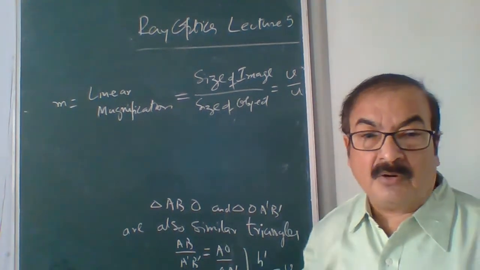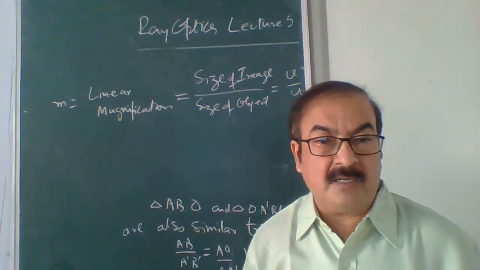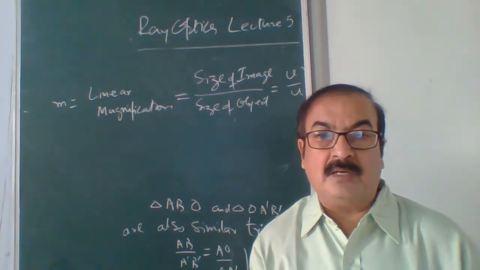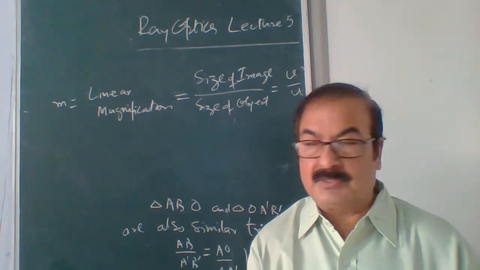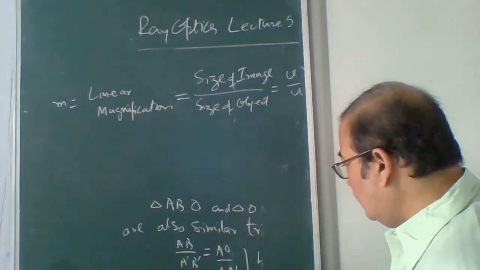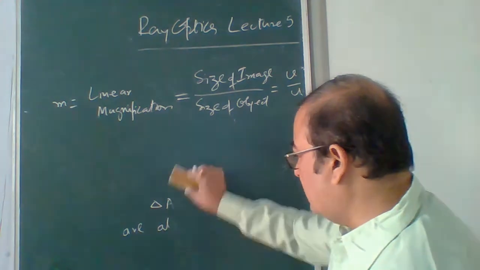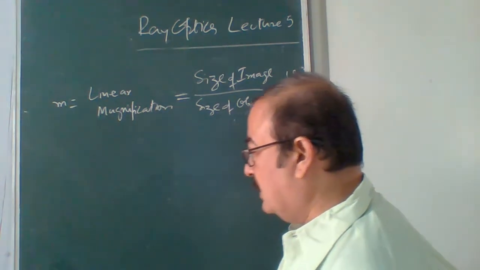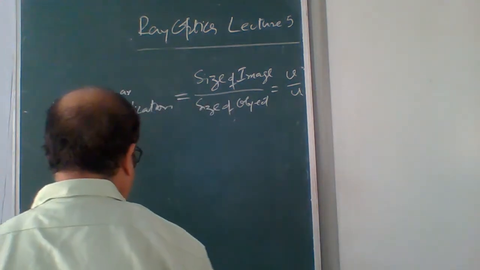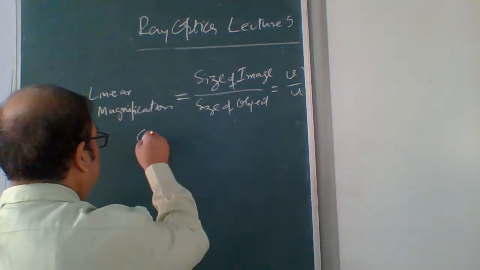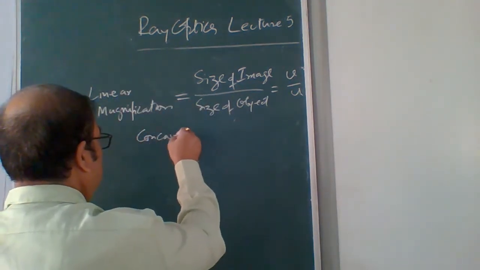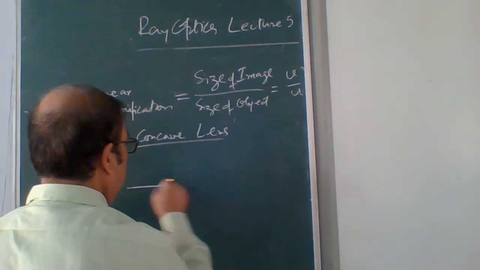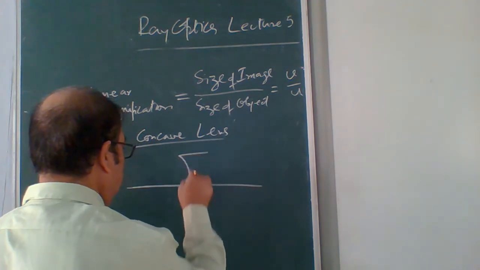That we have also derived from the same diagram and the same calculations. This is also another formula for lenses. Well, when we have such lenses, suppose we take a concave lens, for a concave lens we have this type of situation like this.